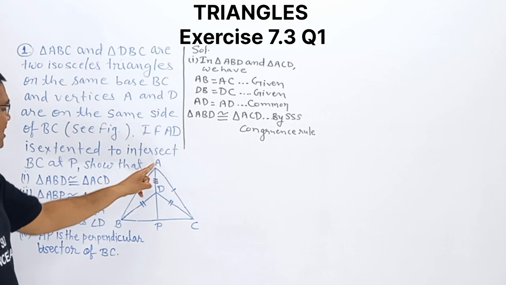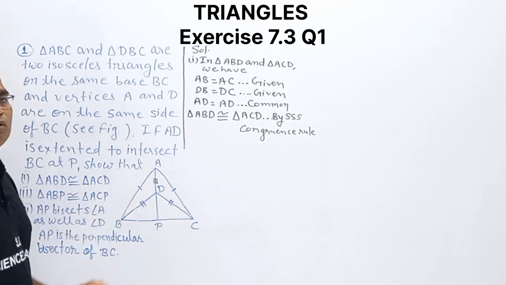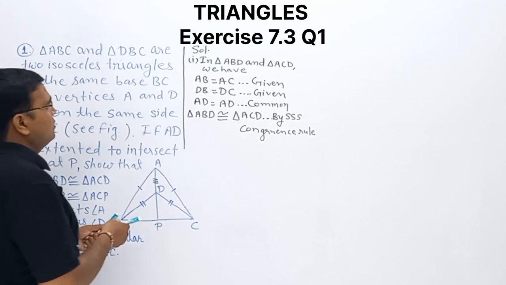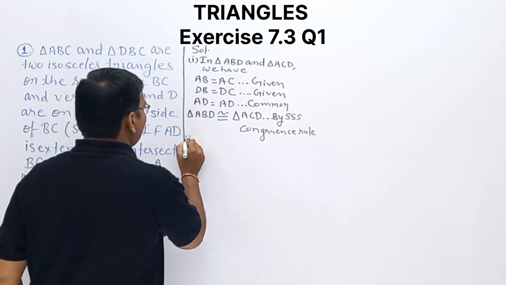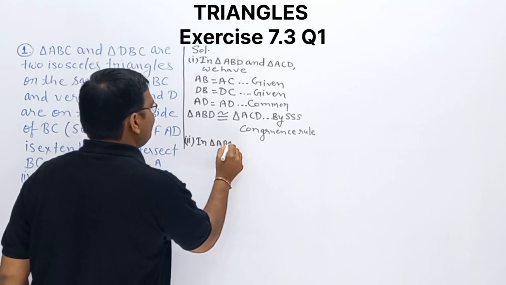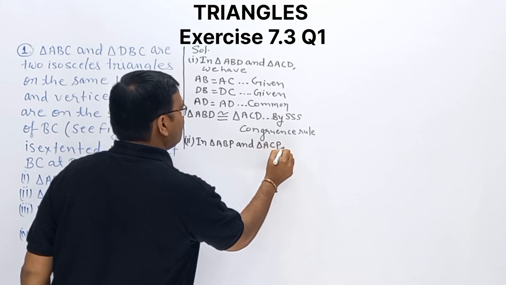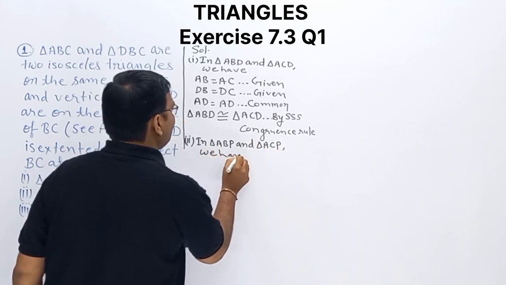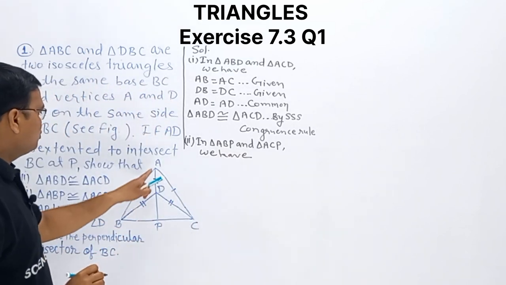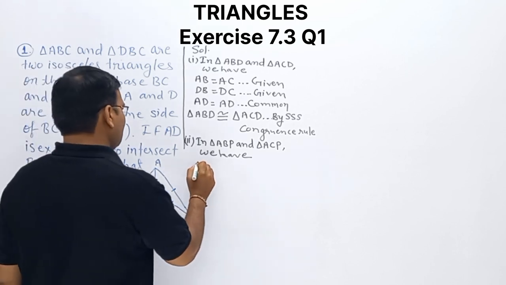Now next, triangle ABP. Now this triangle and triangle ACP, we want to prove these two triangles are congruent. So now how will we prove the second one? I am taking the second one. In triangle ABP and triangle ACP, what are we having?